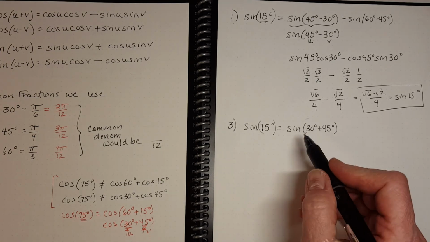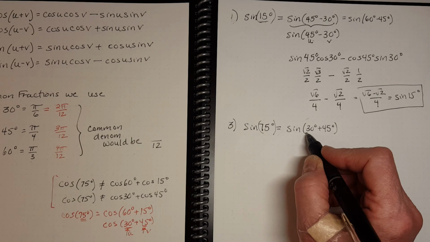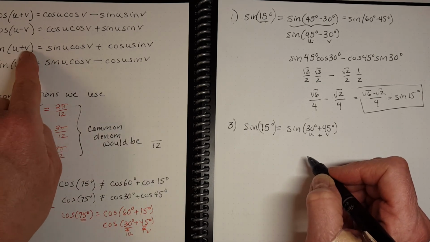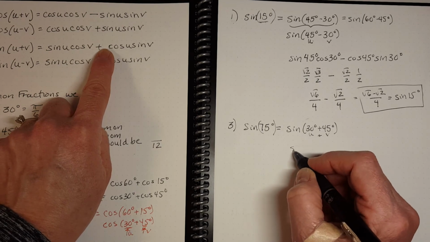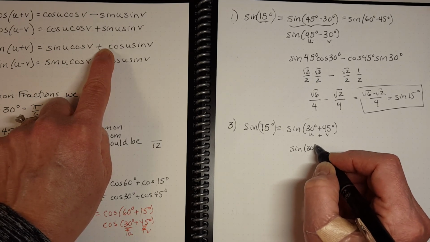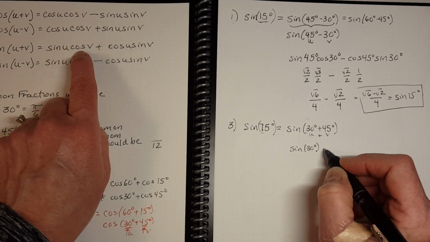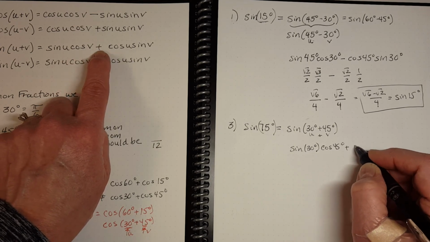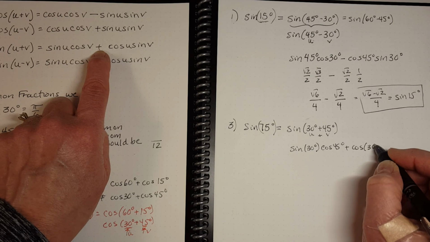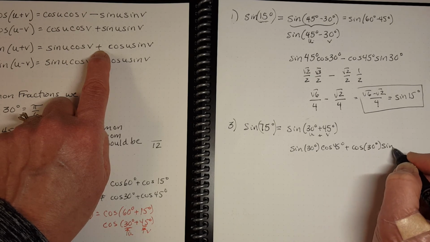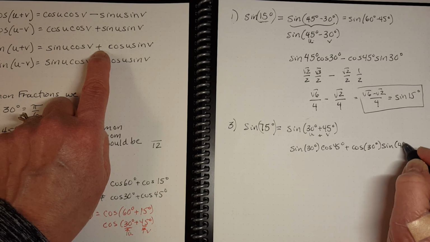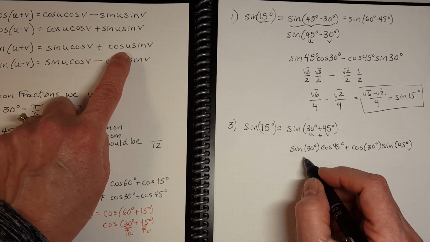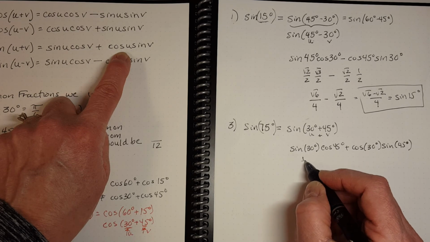And 30 degrees, so we have a sine of u plus v. So I'm going to go to my u plus v formula, and we're going to say, okay, sine of u, that's 30 degrees, cosine of v, cosine of 45 degrees, plus cosine of u, cosine of 30 degrees, sine of v, sine of 45 degrees. And sine of 30 is 1/2.